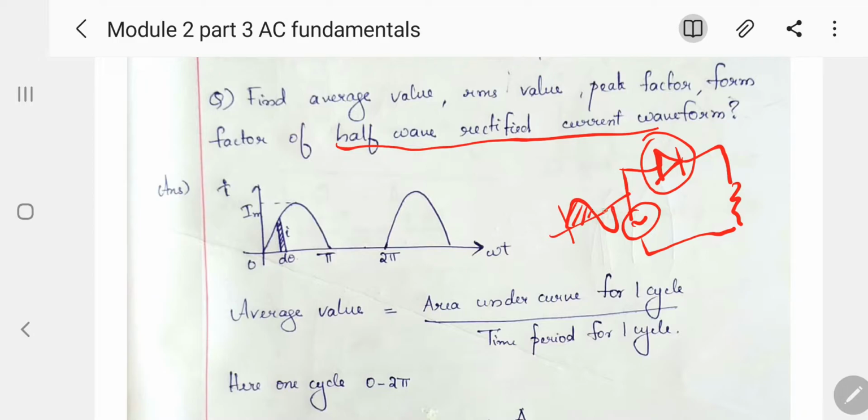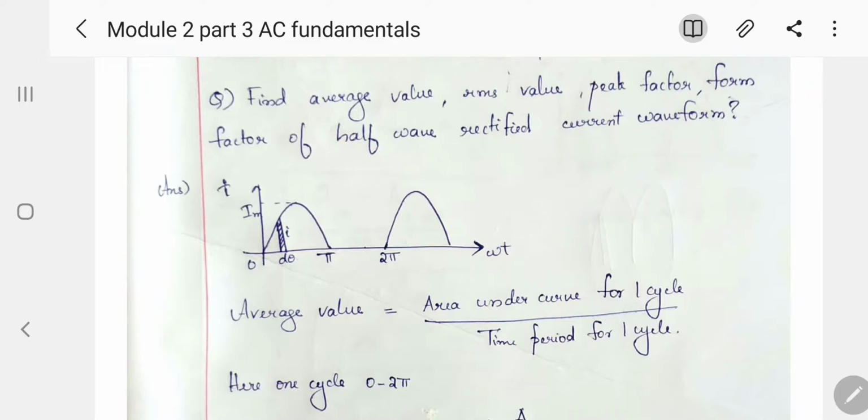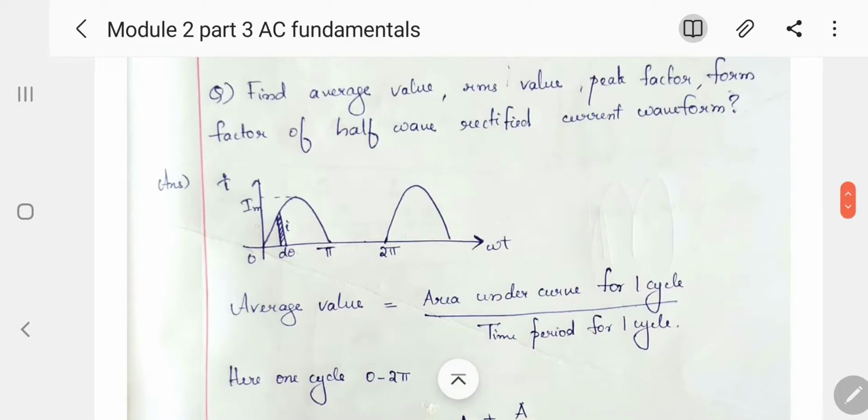But when the negative half cycle comes, it is blocked, because the diode becomes reverse biased. This is the working of a half wave rectifier, and the output becomes only the positive half cycles. The negative half cycles are eliminated, or zeroed during that period. So this is how you have to draw the waveform.